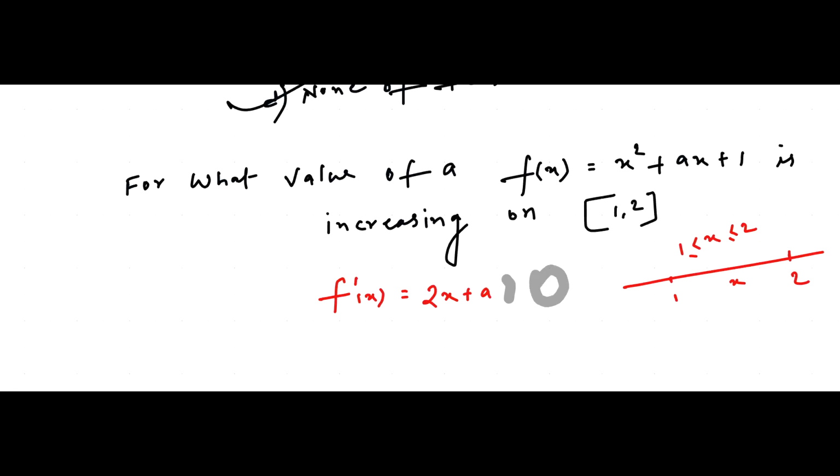So 2x plus a bigger than 0. If we take x as 1, the end point, because 1 is also included, a closed interval is given, right, Fatima?